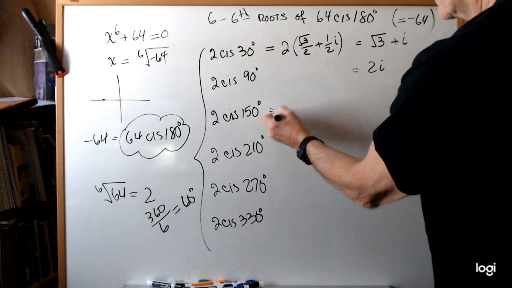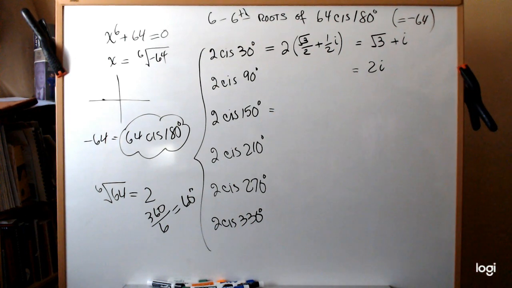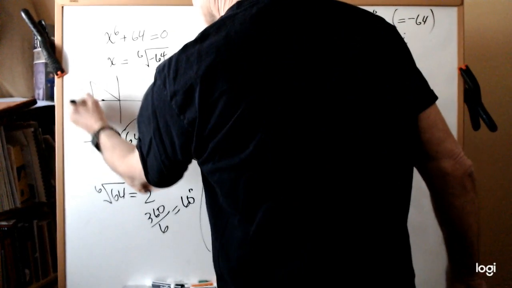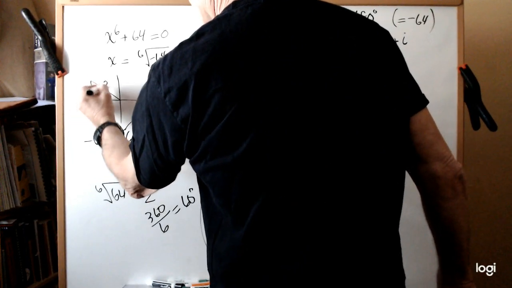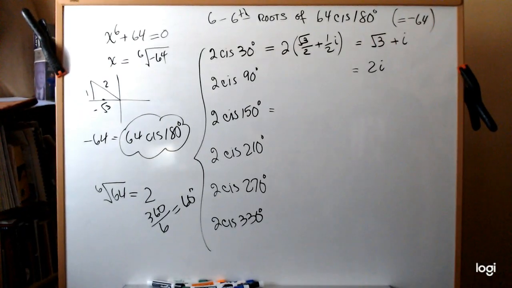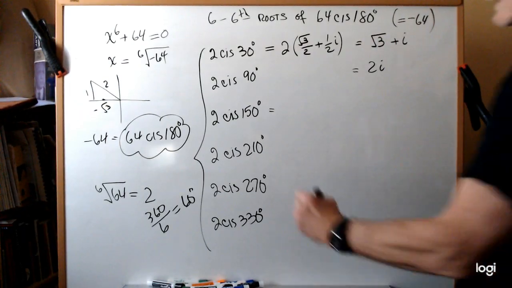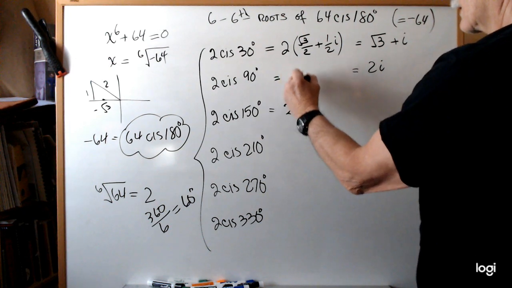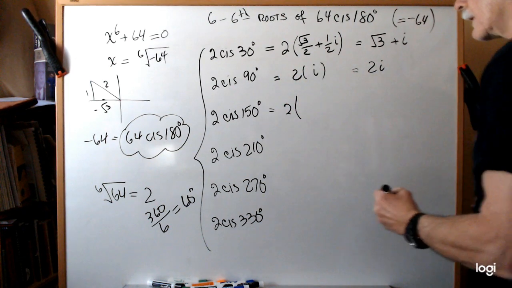Okay, 150. Well, that's in quadrant 2, of course, and if we were to make a brief sketch, we would have that diagram, and cosine is negative rad 3 over 2. Well, it's just 2 times i.